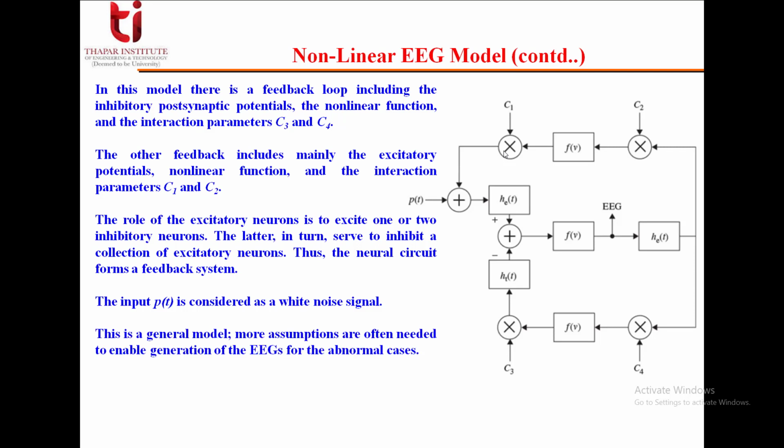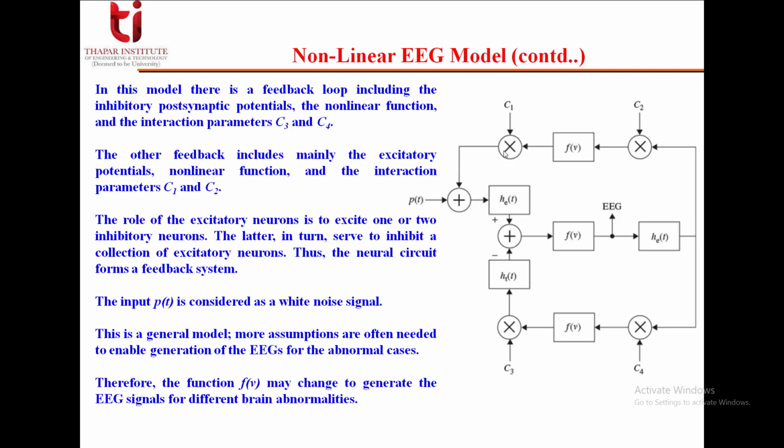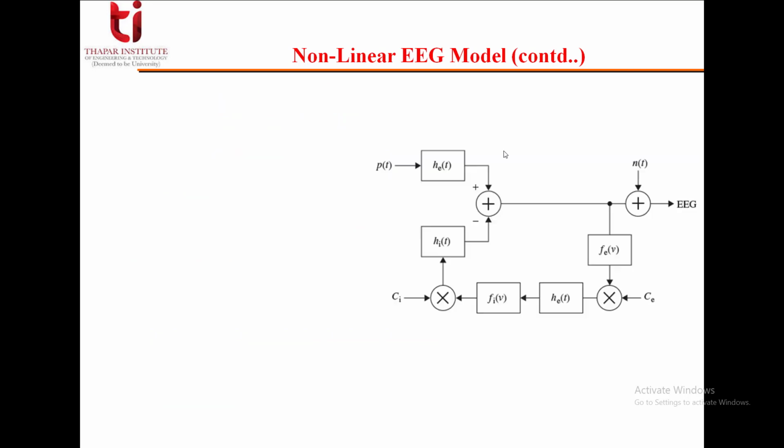This is a general model, and more assumptions are often needed to enable generation of the EEGs for the abnormal cases. Therefore, the function f(v) may change to generate the EEG signal for different brain abnormalities, meaning it can be changed depending upon the situation. And also the CK coefficients can be varied.